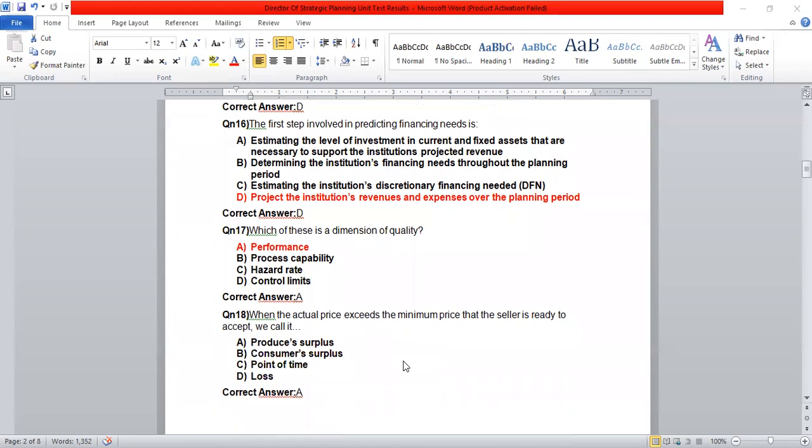Question 18. When the market price exceeds the minimum price that the seller is ready to accept, what is it? The right answer, even if I'm not highlighting it, is A, producer's surplus.